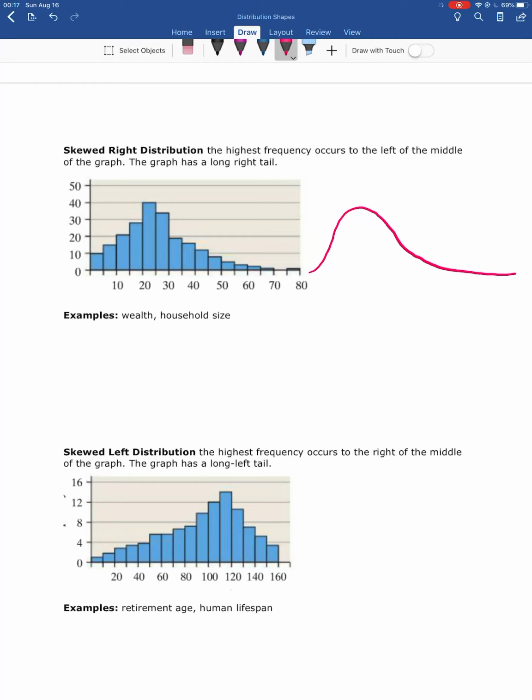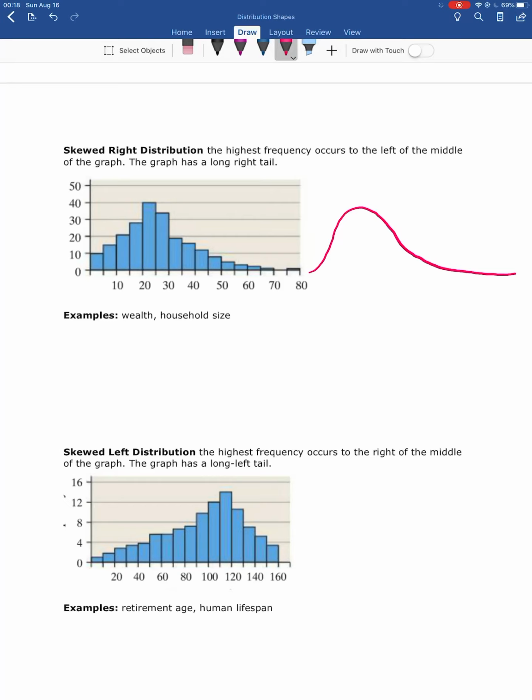So we've got a long tail happening off on the right-hand side. A couple examples of things that are skewed right are wealth. Most people are down in the lower part or middle class, and then you have those few people that are super rich that are way off on the right-hand side of everything.